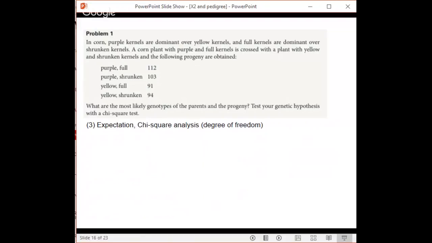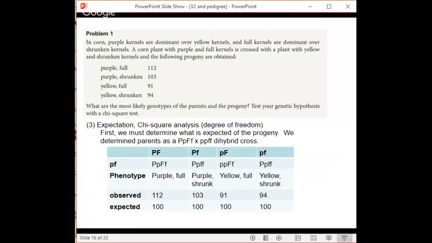So in order to do our chi-square analysis, we need to find what was expected. So I made this table, and we must determine the progeny of the dihybrid cross. These are the possible combinations of the heterozygous parent. For the homozygous recessive parent, you only have one option. So these 4 phenotypes ensue from that dihybrid cross: a purple full, a purple shrunken, a yellow full, and a yellow shrunken.